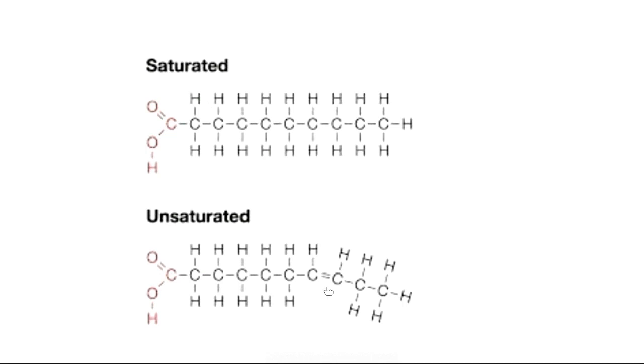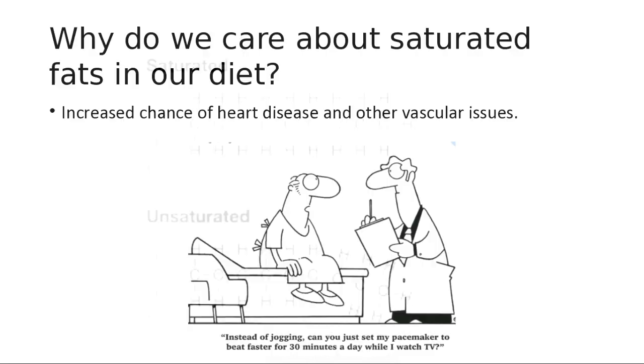This is unsaturated. Now, the more double bonds you get, the more likely you are to have a liquid at room temperature. Now, why do we care about saturated fats in our diet? That's because increased chance of heart disease and other vascular issues are associated with saturated fats in our diet.